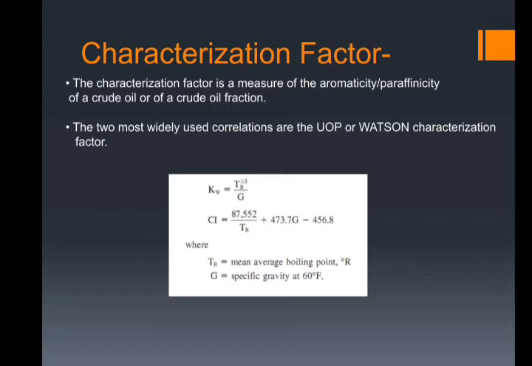The correlation index is also given there, which is CI equals 87.552 divided by TB plus 473.7 G minus 456.8. So these are the formulas of the Watson characterization factor and correlation index.